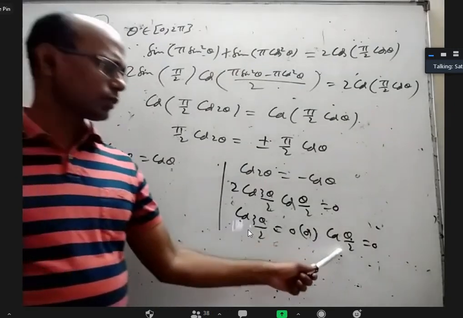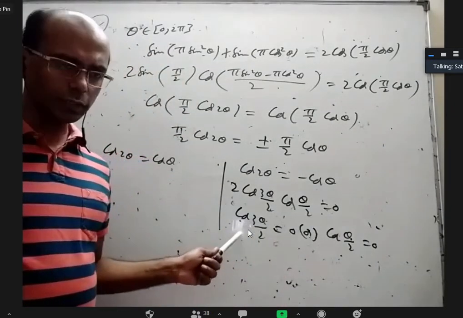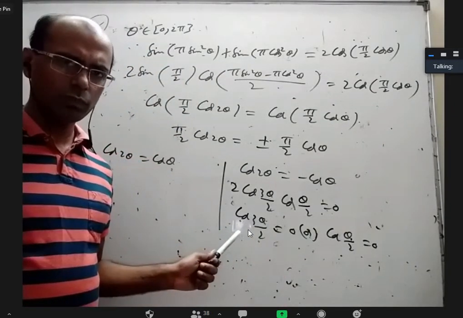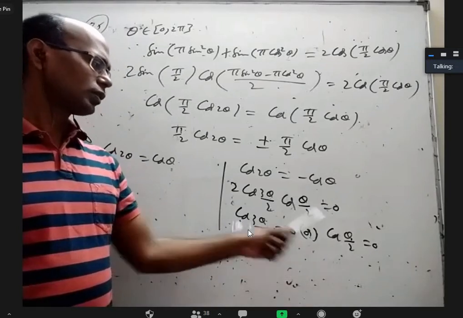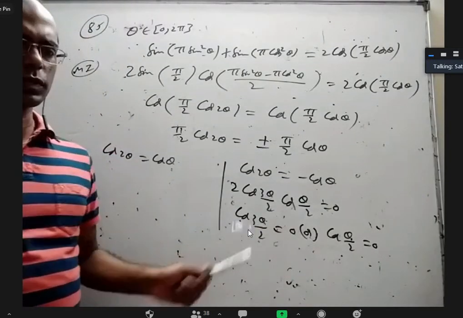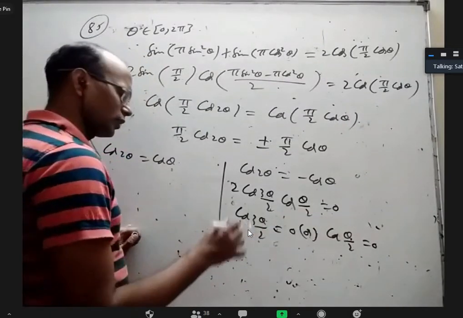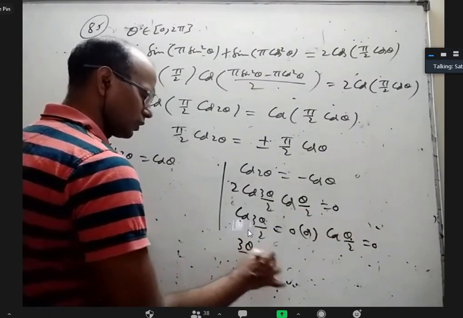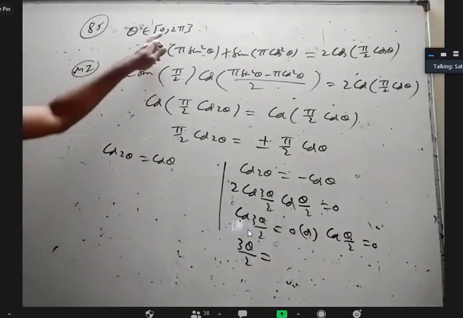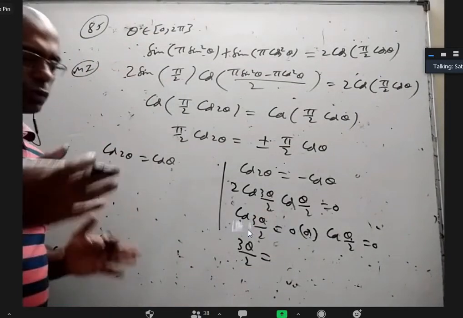But I don't have to worry about this, because whenever this is 0, this should be 0, right? Yes, sir. Because when cos theta by 2 is 0, cos 3 theta by 2 is obviously 0. So if I solve this, all the solutions of that are here. So for this, 3 theta by 2 equal to, and theta is between 0 to 2 pi, so 3 theta is between 0 to 3 pi.